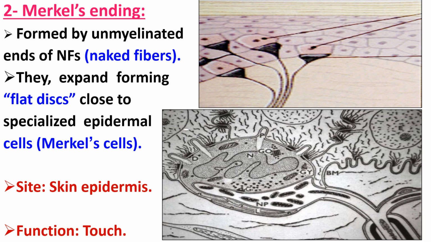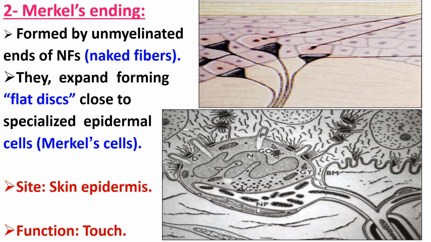In the image, in the upper part of the slide, you can see the light microscopic structure of Merkel's ending, where the ends of the nerve fiber expand and get in close contact with Merkel's cells. In the lower image, it is the electron microscopic appearance of Merkel's ending.